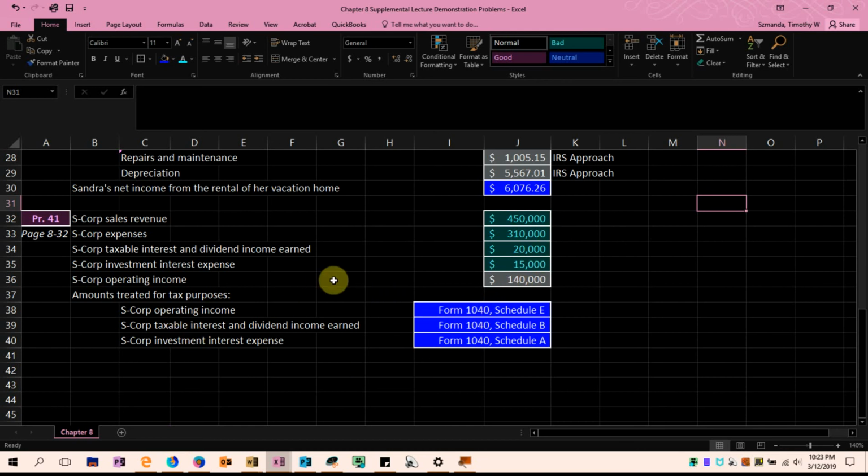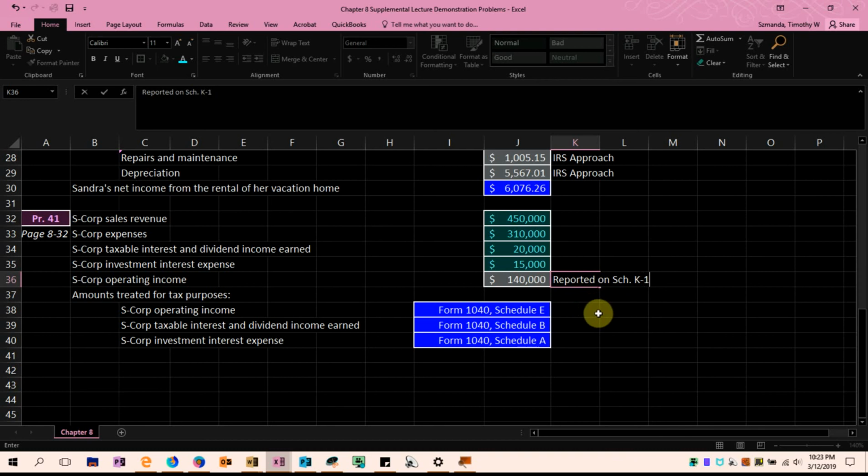Well, I did calculate the S-corp operating income, which was just the $450 minus the $310, so their operating income is $140. This gets reported on Schedule K1, and that is just a way to allocate this income to the equity owners of the S-corp, based on the number of shares they own.